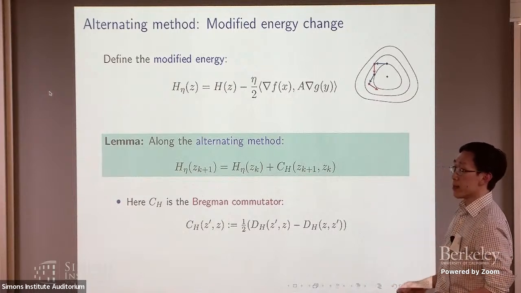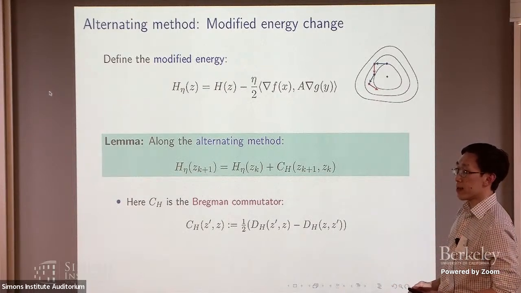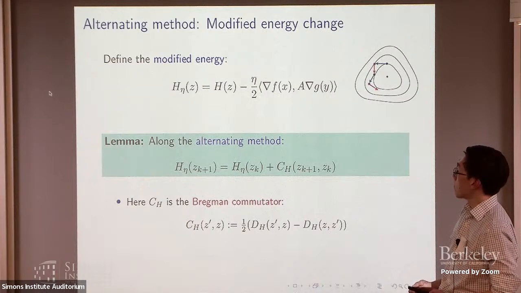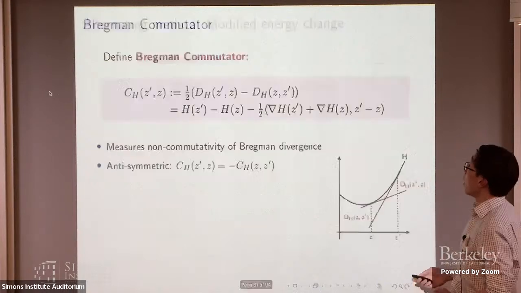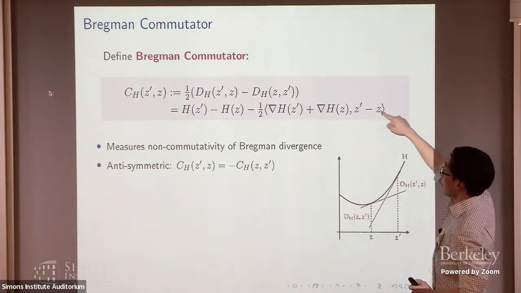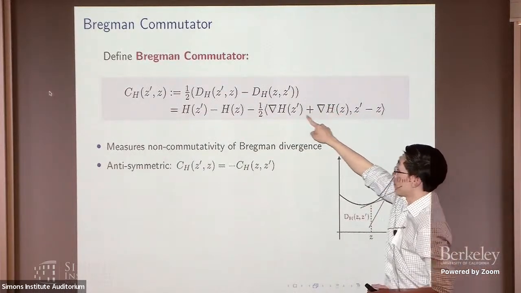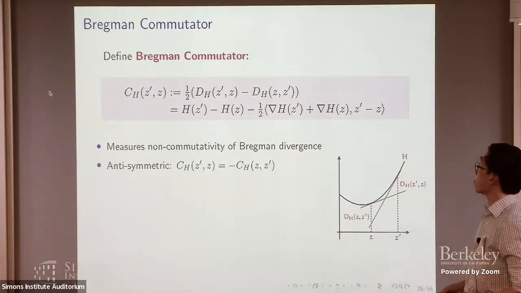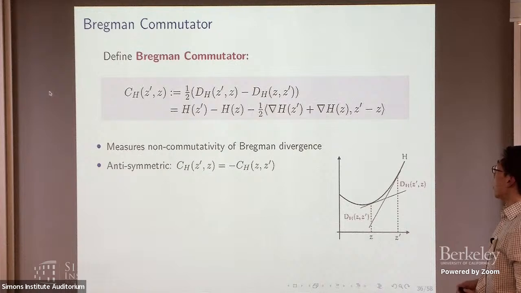Okay. No, I was trying to understand if there is something geometrical from the second equation that you described in the next slide. Oh, this one. Yeah. From here to here, you plug in the definition of the Bregman divergence. Okay, but there is no way to see geometrically the second equation. I see.